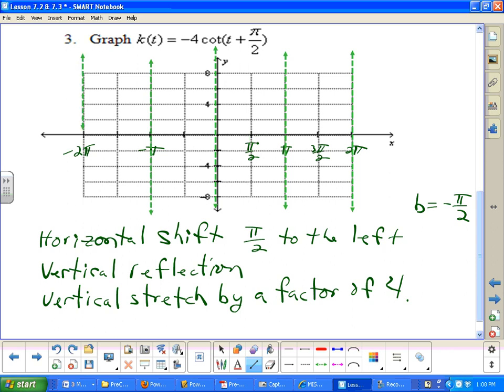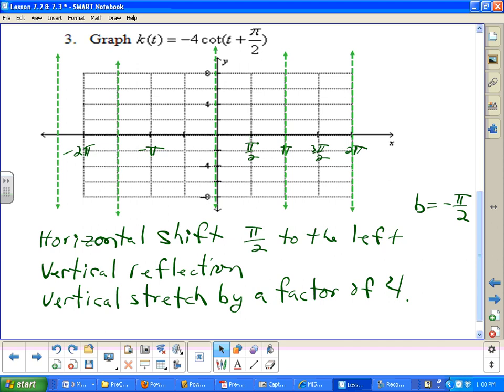But in this case, I've shifted it to the left pi over 2, so this one's going to end up over here, this one's going to be here, here, and here. I know, you can't do that on your paper, okay? So, I moved all my asymptotes to the left.